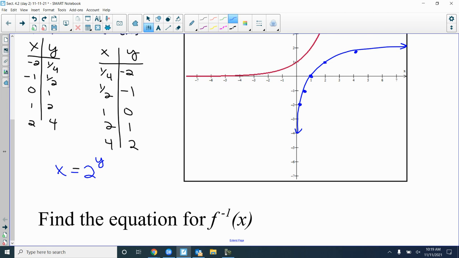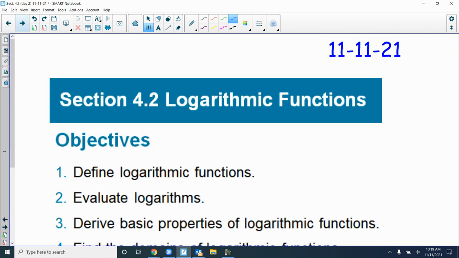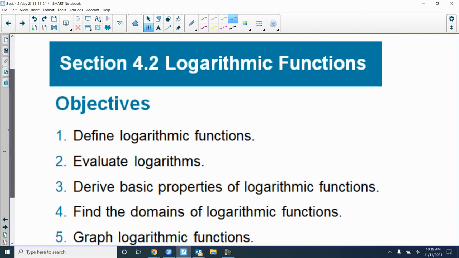And you're like, we can't. Algebraically, you can't. You're stuck. So we do logs. And we got y equals log base 2 of x. All right, so that is the inverse function.